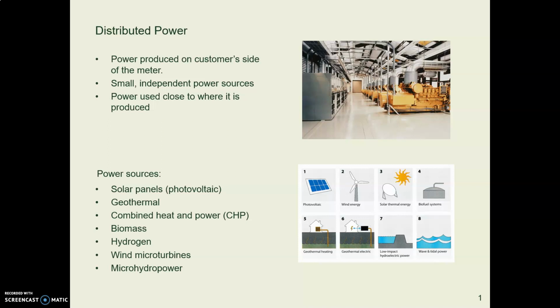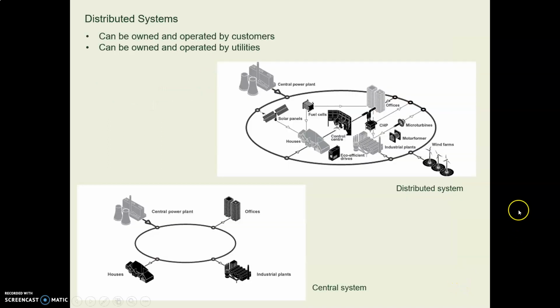Probably the most well-known is solar panels. We'll also focus on combined heat and power and several other sources that can be distributed. These distributed systems can be owned by independent producers or customers, and they can be owned by utilities.